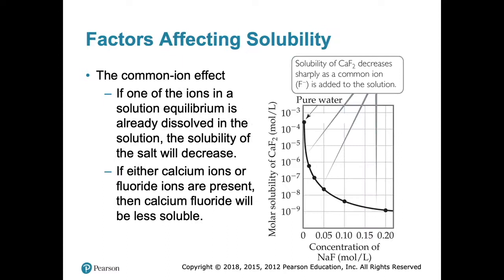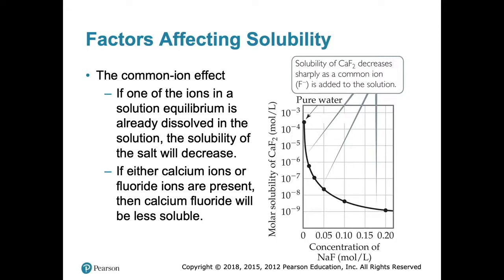So there are factors affecting solubility. Here is pure water, and then the molar solubility of calcium fluoride, and the concentration of sodium fluoride. Notice that the solubility of calcium fluoride decreases sharply as a common ion is added.